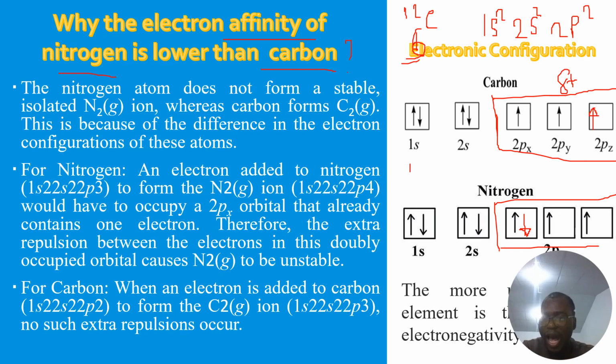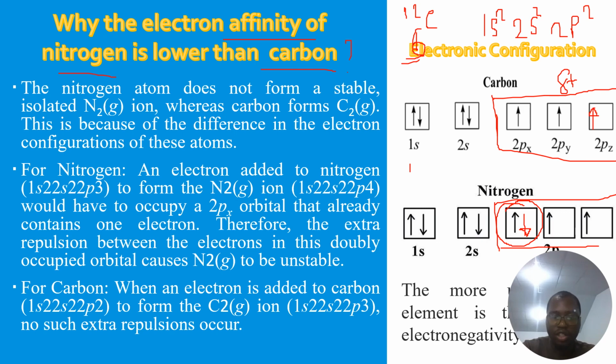So once we add this electron here, we are going to cause spin pair repulsion, and it means we have destabilized the nitrogen. Therefore, the electron affinity that will be produced here will actually be lower. So that is the reason why the electron affinity for nitrogen is lower than that of carbon.